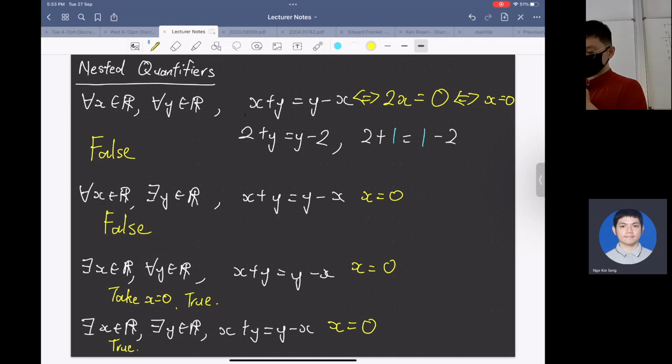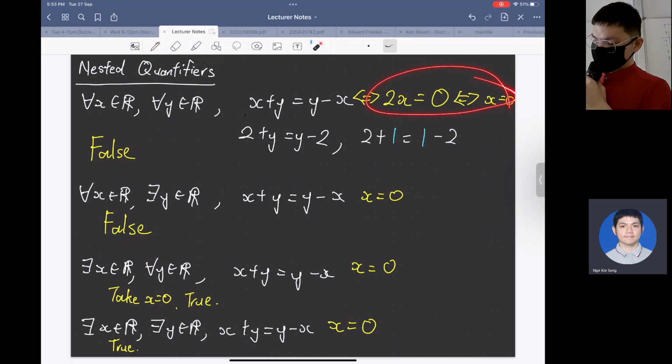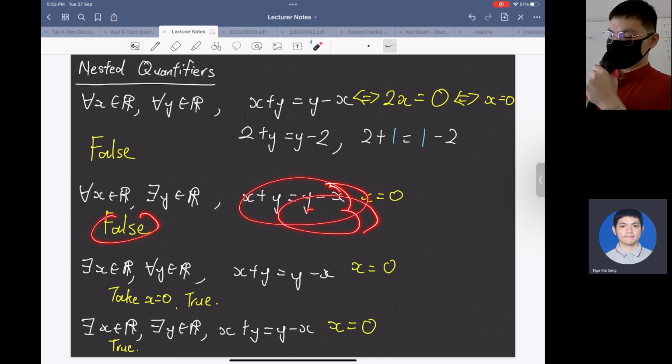And then one exercise I want you to do: without manipulating this equation, can you just see that this is false from the equation itself?